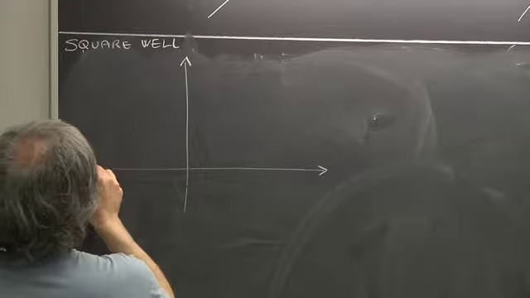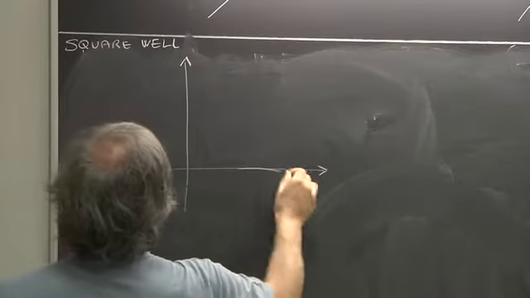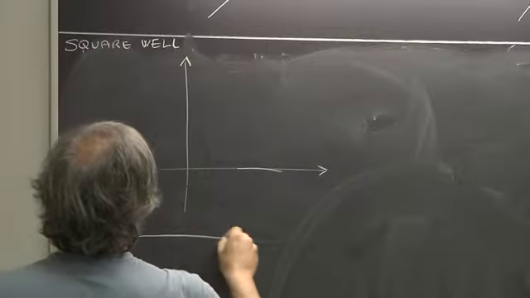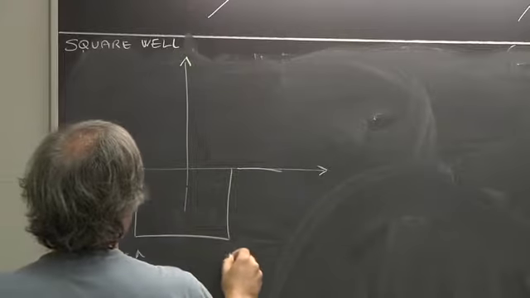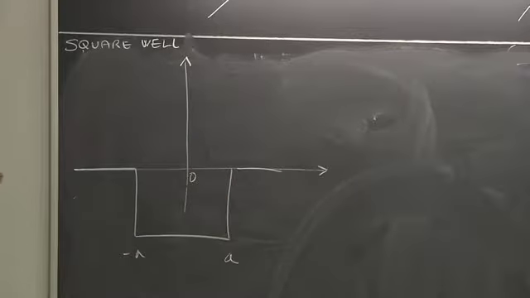So let us take the potential to be 0 everywhere except in a small region of space between minus A and A. Notice that I now choose a more symmetrical setup than in the infinite square well.